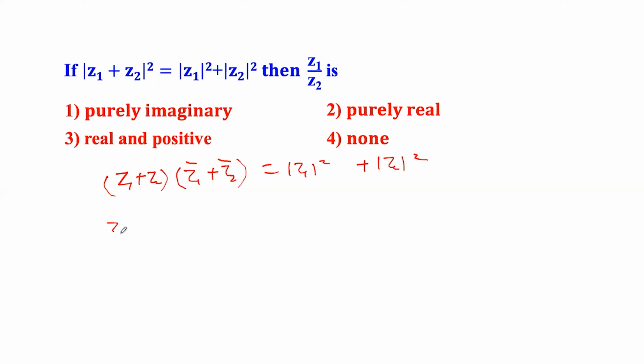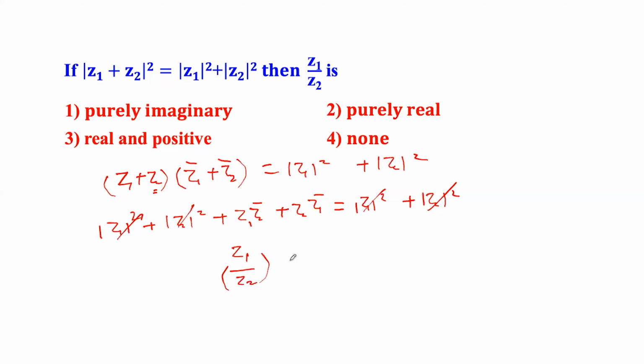Open this up: Z1 into Z1 bar is mod Z1 square, Z2 into Z2 bar is mod Z2 square, plus Z1 Z2 bar plus Z2 Z1 bar is equal to mod Z1 square plus mod Z2 square. All cancelling out, dividing this by Z1 Z2 bar, we get Z1 by Z2 plus the bar of Z1 by Z2 is equal to 0.